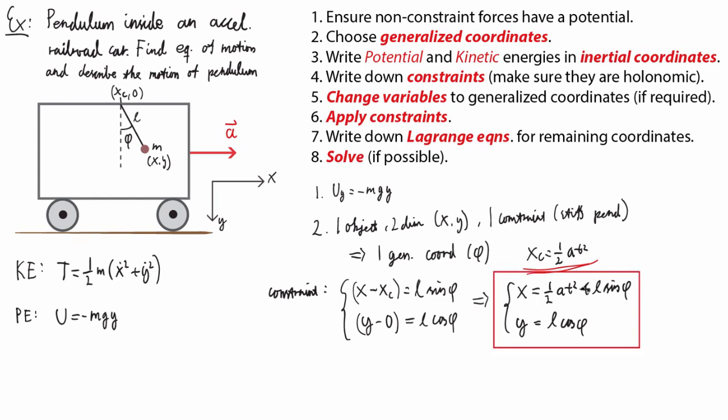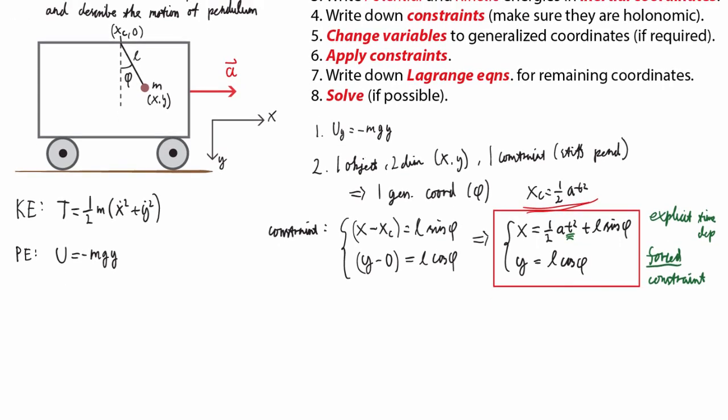Now, because we have explicit time dependence here, that means that the Lagrangian is going to depend explicitly on time as well. This type of constraint is known as a forced constraint. And that changes things a little bit. Okay, if we have this, we can now also write down the time derivatives of this.